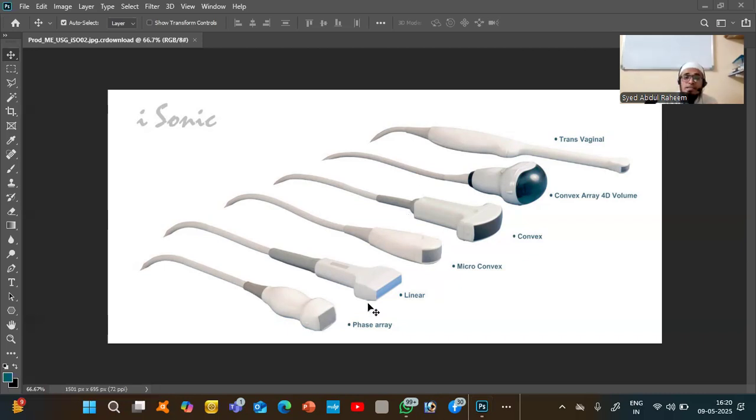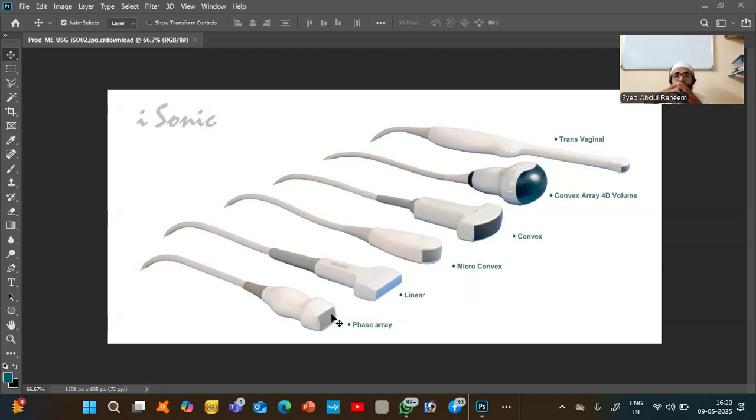It contacts the organs of the body, and electricity is converted into sound waves.